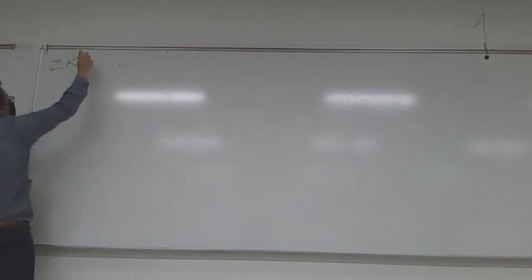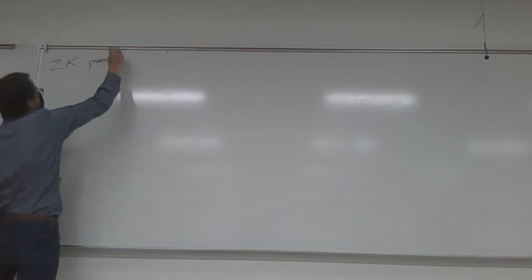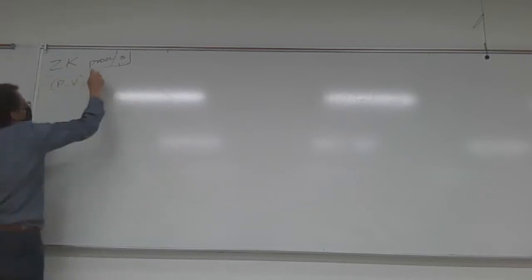Okay. So I said that we will introduce zero knowledge proofs. The idea of a zero knowledge proof is that it is a two-party protocol. There is a prover and a verifier.